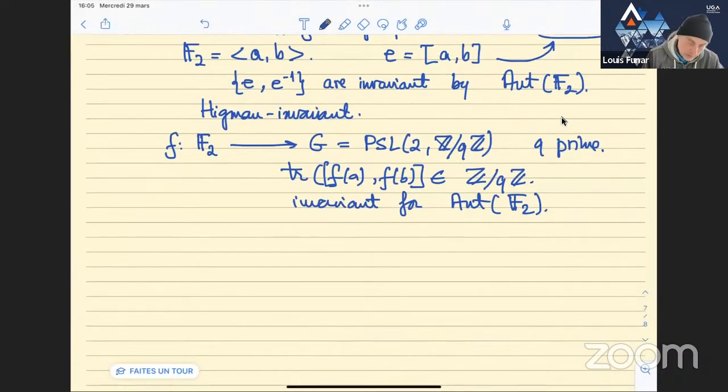So the question, which goes back again to McCullough and Wanderley, was whether this trace, or the Higman invariant, which is the conjugacy class in PSL2 of Z over Q, determines exactly the orbits of Out F2 on such homomorphisms.